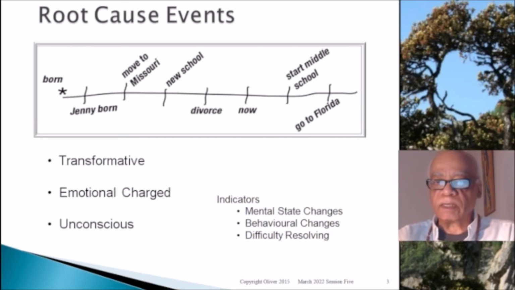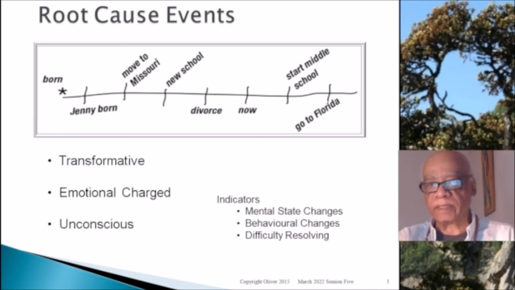Now, these events are typically suppressed because we don't like to remember negative things, or we put dressing on it, we put chocolate cake around them and whatever. But they go into our subconscious, and we are mostly unaware, unconscious of these root cause events. But we can get to them.